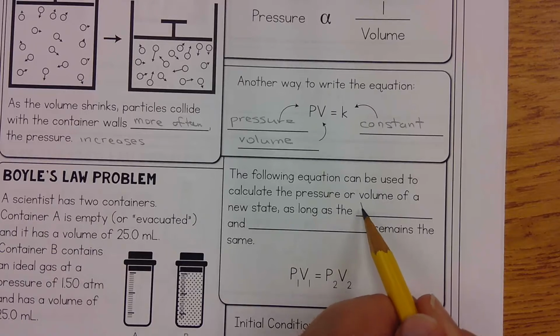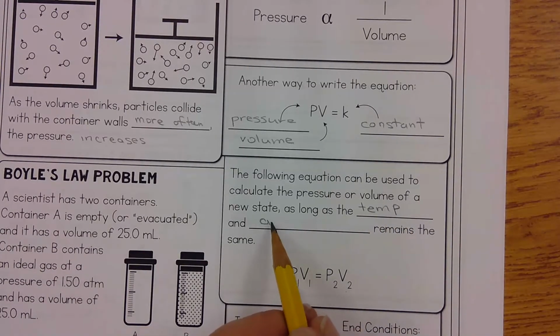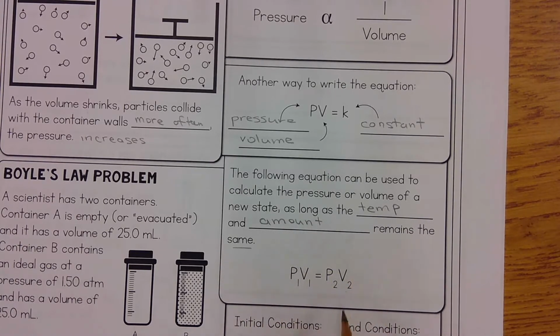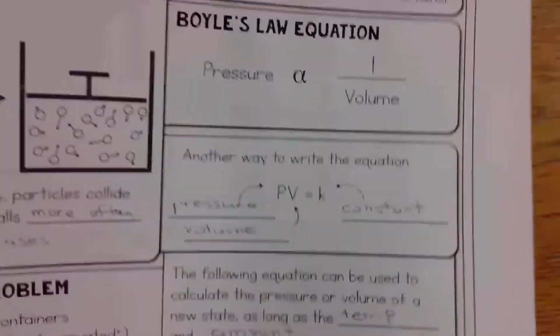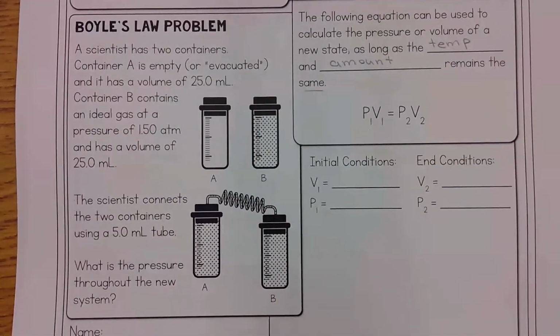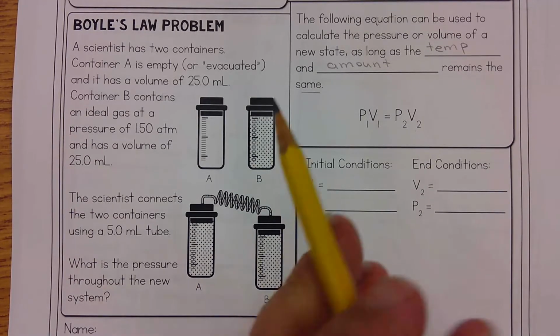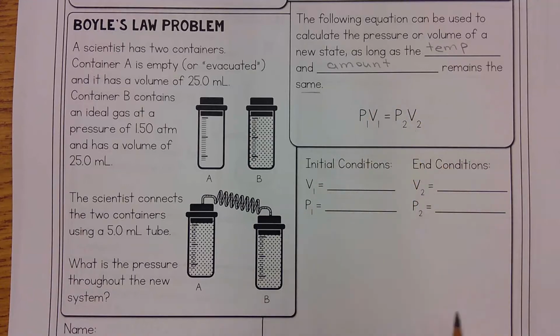But remember, this only works as long as the temperature and the amount remain the same. Temperature cannot change. Frequently, when you see problems like this, they'll say temperature doesn't change, or at constant temperature. That way you'll know. So this is the formula that we're going to use for Boyle's law.